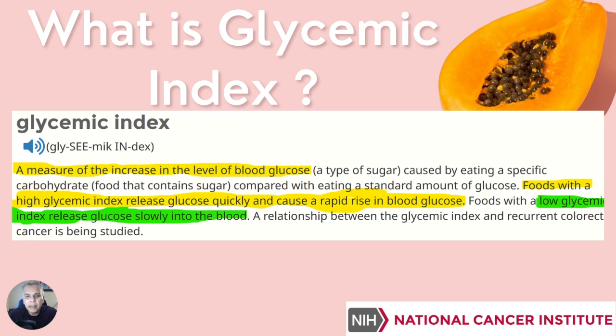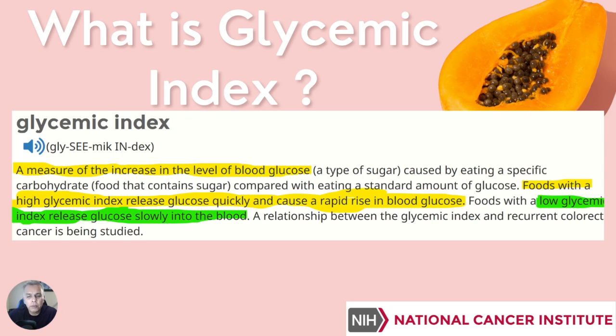So it's quite a basic definition: certain types of foods that you eat will cause your blood sugar, your glucose, to rise rapidly, and you'll get a high spike. And other foods that you eat will cause a much lower reaction.